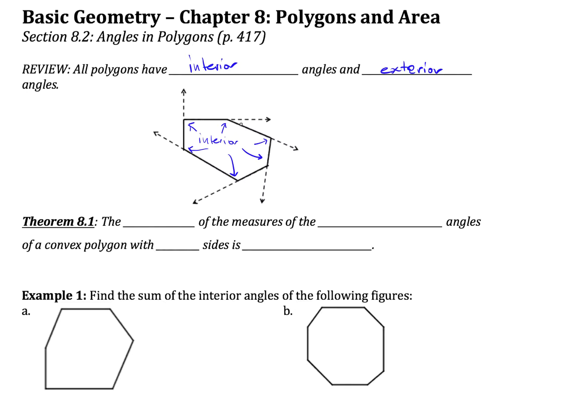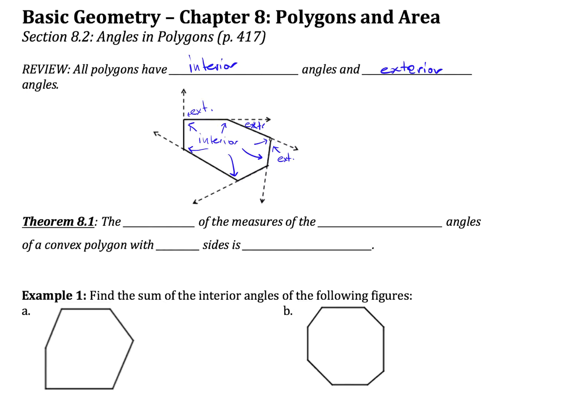This hexagon also has exterior angles. Now remember, exterior angles are formed when you take a side of a polygon and you extend it past where the vertex is. So this right here is an exterior angle, and this right here would be an exterior angle, and this right here would be an exterior angle.